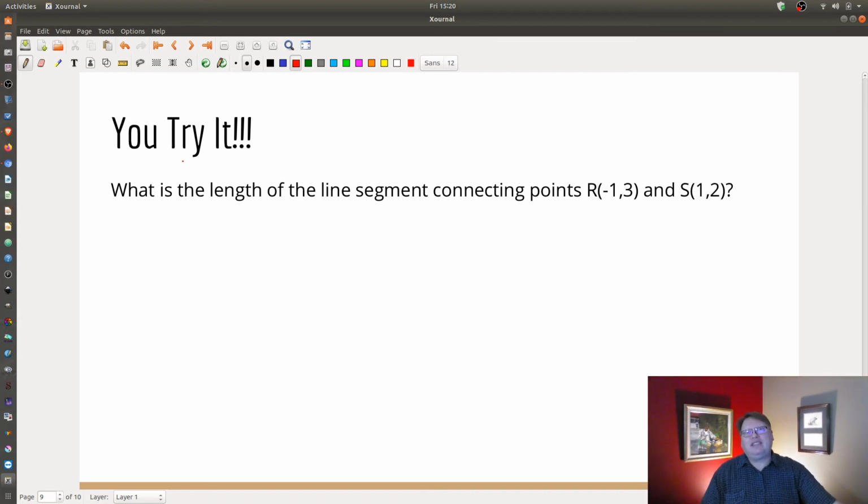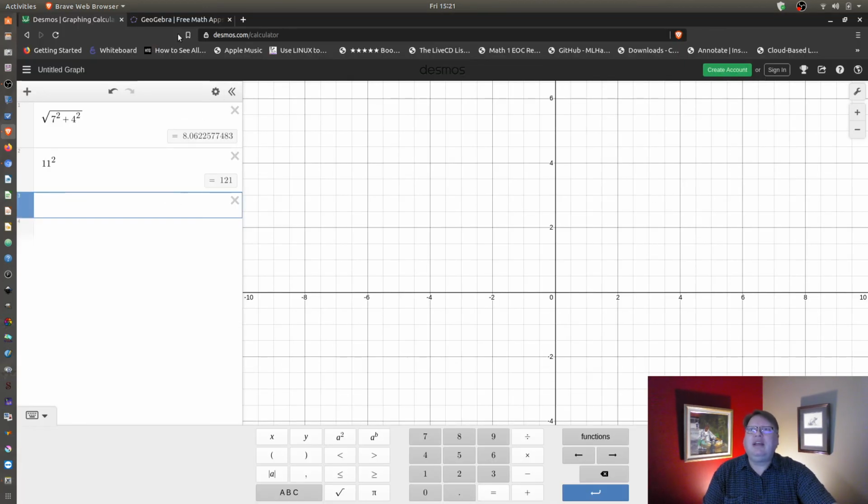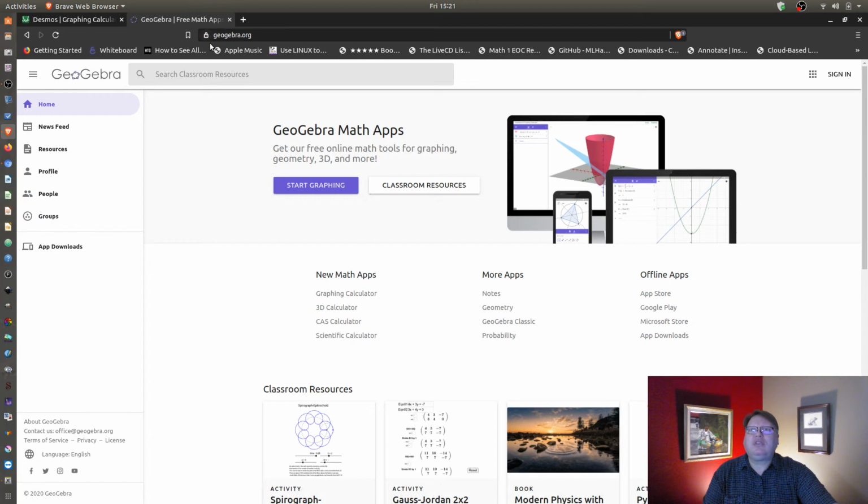All right, guys, welcome back. Let's see if we can work this problem out and do this on another piece of software. So I'm going to go back over here. I'll have to refer back to our points here. But we're going to look at a piece of software called GeoGebra. The website here is geogebra.org.